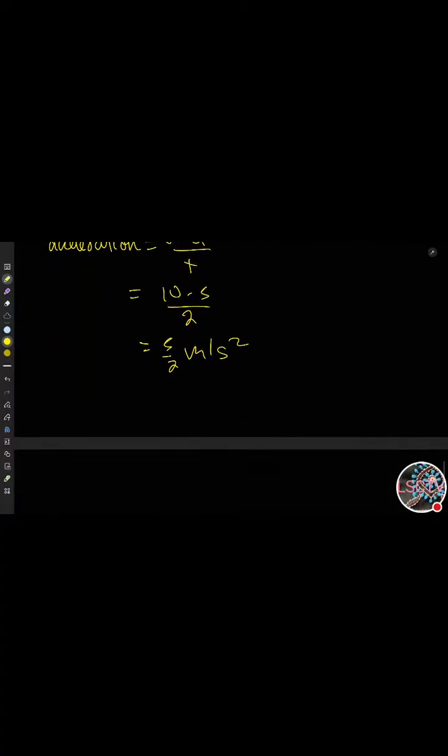Now, one more question and we'll move on to the equations of motion, which is our most important, most feared topic. Fine, okay? Now, next question.